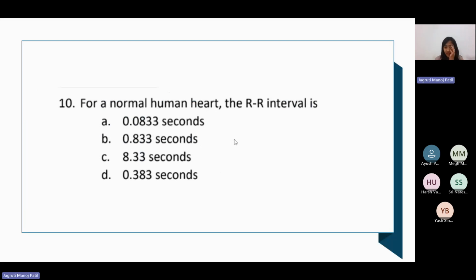You can just open up your calculators and do this. For a normal human heart, we have a heartbeat of 72 beats per minute.